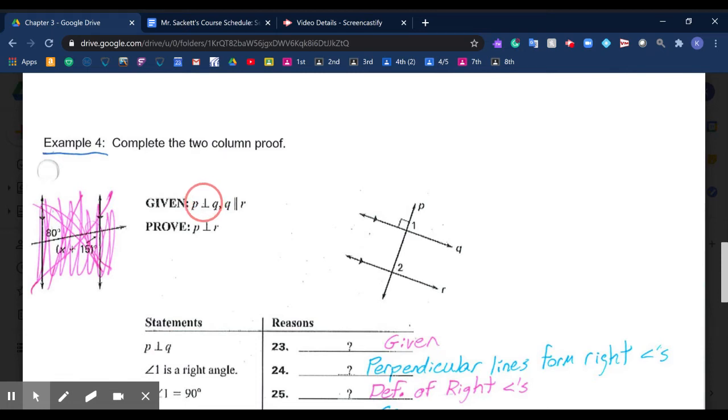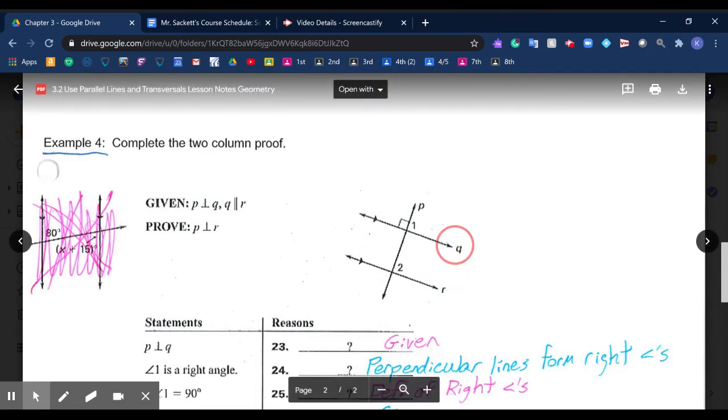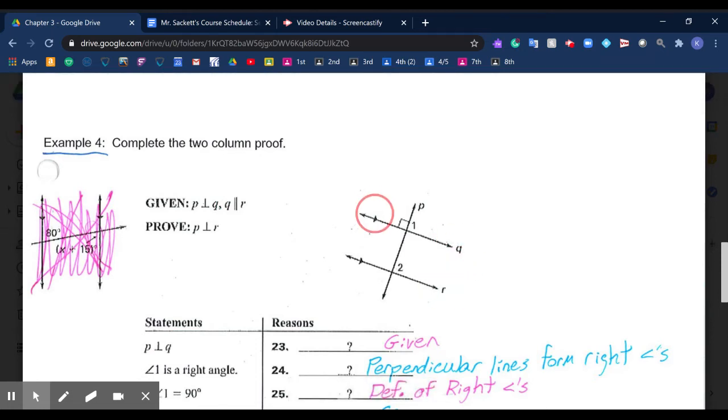So we were given P is perpendicular to Q and Q is parallel to R. Two vertical segments next to each other indicates parallel. So we know Q and R are parallel to each other, given in the symbols as well, and P is perpendicular to Q, given by the right angle symbol here.